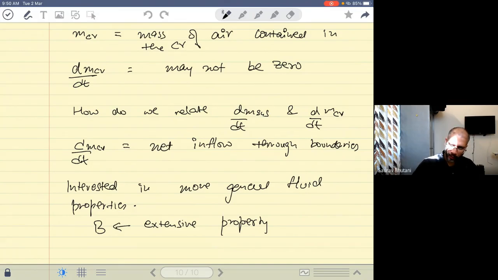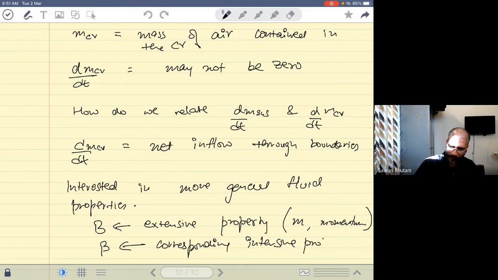So an example would be mass. So mass is an extensive property. More fluid you take, more the mass. Or momentum. The more fluid you have, the more its momentum. Okay, and the corresponding intensive property is defined as beta, which is dB by dm.